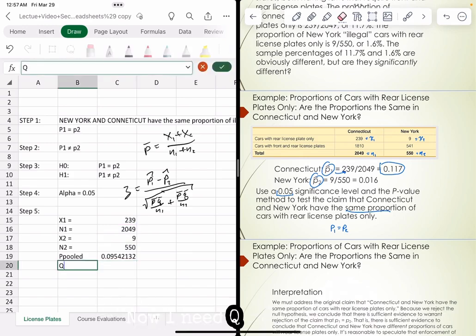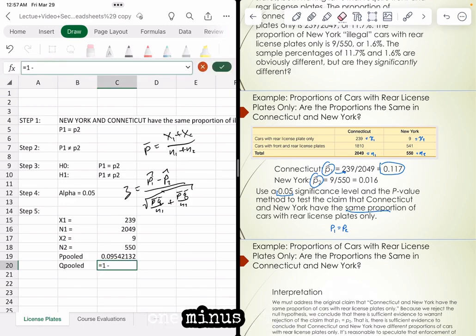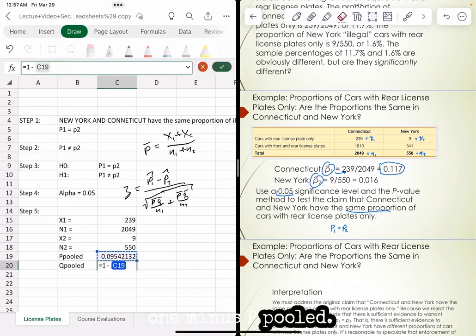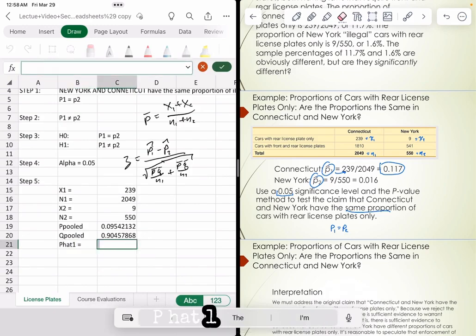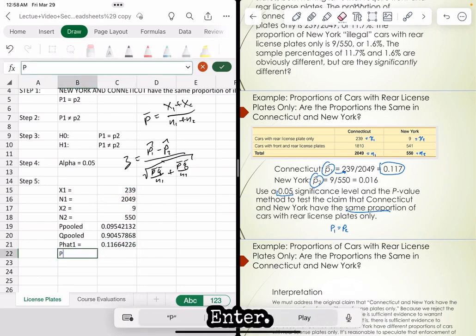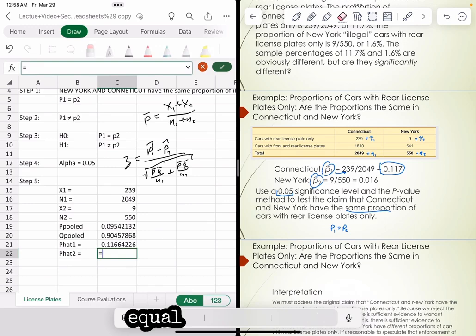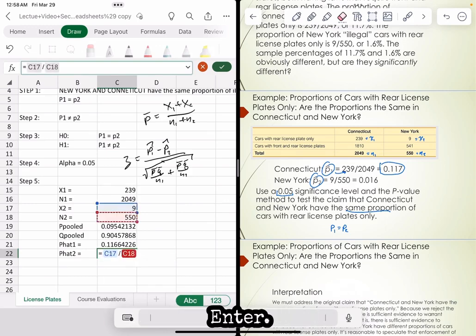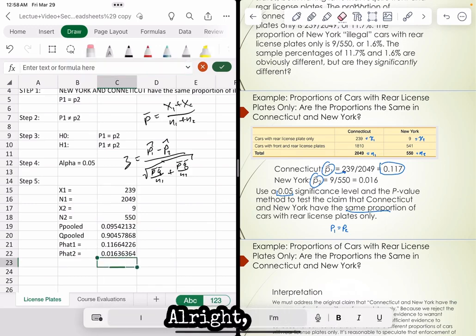Now I need Q pooled, and that's going to equal 1 minus P pooled. P hat 1 is going to equal X1 divided by N1. Enter. P hat 2 is going to equal X2 divided by N2. Enter. All right, great.